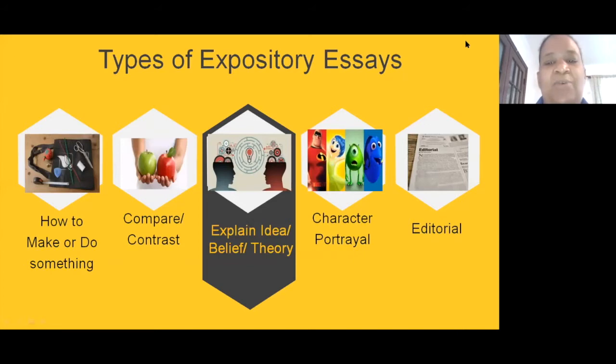And we're going to go into further detail with all of these later on, but I just want you to see the 5 types of expository essays that we focus on: how to make or do something, compare, contrast, character portrayal, editorial, explaining an idea, a belief, a theory.